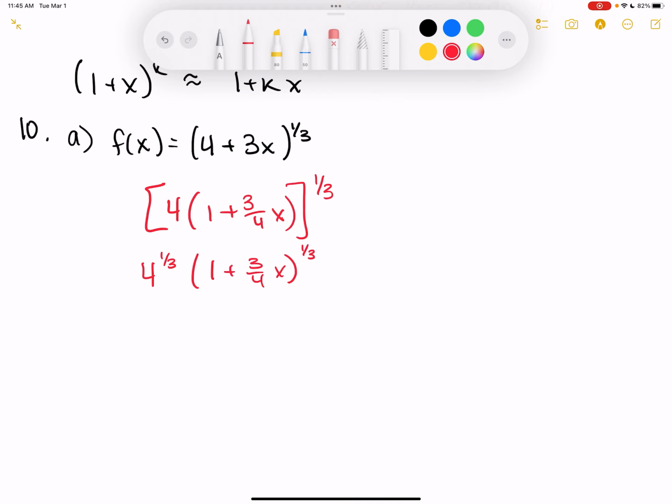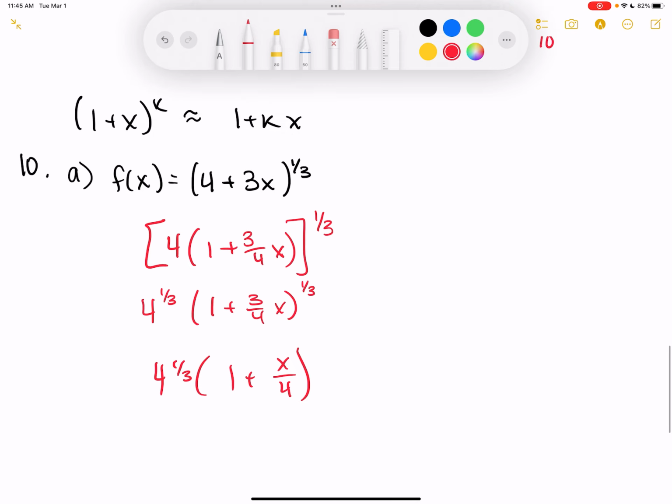The thing is, they've actually gotten rid of the exponent altogether, and that's where I'm confused, because their final answer is this. For part A?